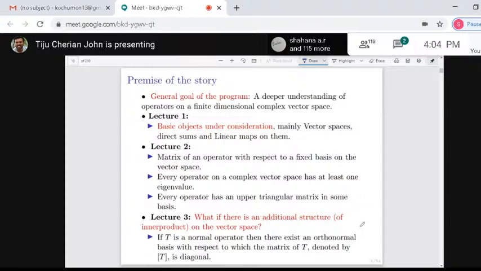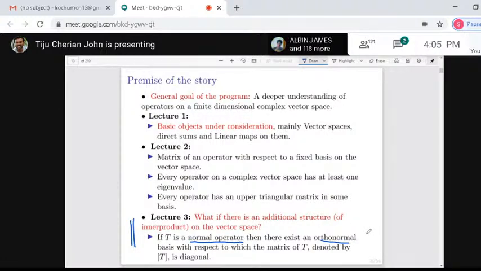By diagonalizable, I mean that there exists a basis in which it has a diagonal representation. In particular, what we have shown is that T is diagonalizable in an inner product space, with respect to an orthonormal basis, if and only if T is a normal operator. That was what you saw yesterday in lecture 3.